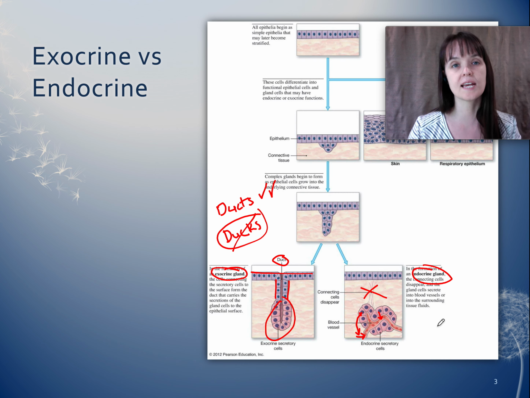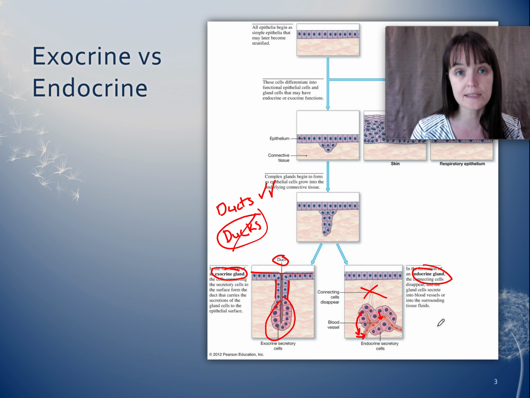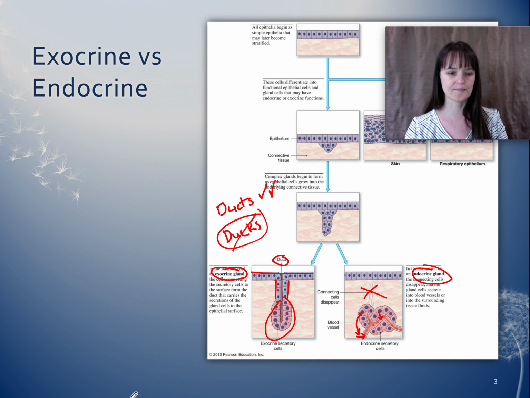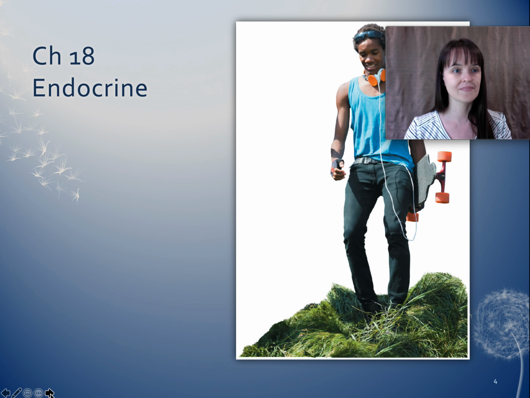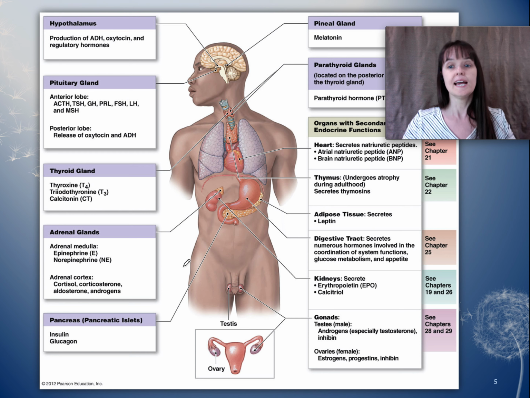Sometimes they'll say that hormones are released into the extracellular tissues, which are sometimes called interstitial tissues, and sometimes they'll say that they enter the bloodstream directly, and they all more or less mean the same thing. So don't let that one trip you up. It's all the same, different words for the same thing. So there's your embryology for the day. Endocrine. All right. And there is nothing on this picture that you don't need to know.